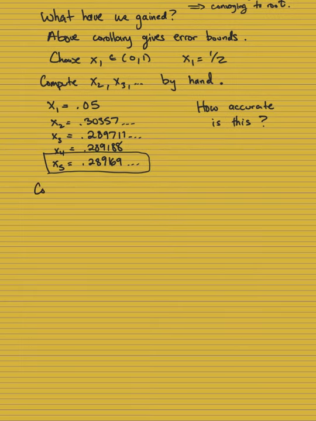Well, we plug into the corollary. We know that x_n minus the root is less than or equal to c^(n-1) over 1 minus c times x_2 minus x_1. Well, x_2 minus x_1, you can compute this. I know this is less than 0.2. I'm just being sloppy here. Okay?